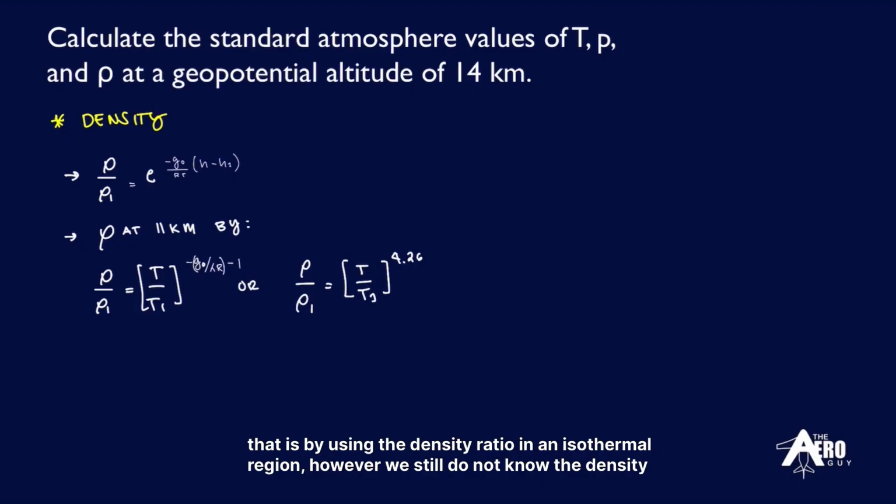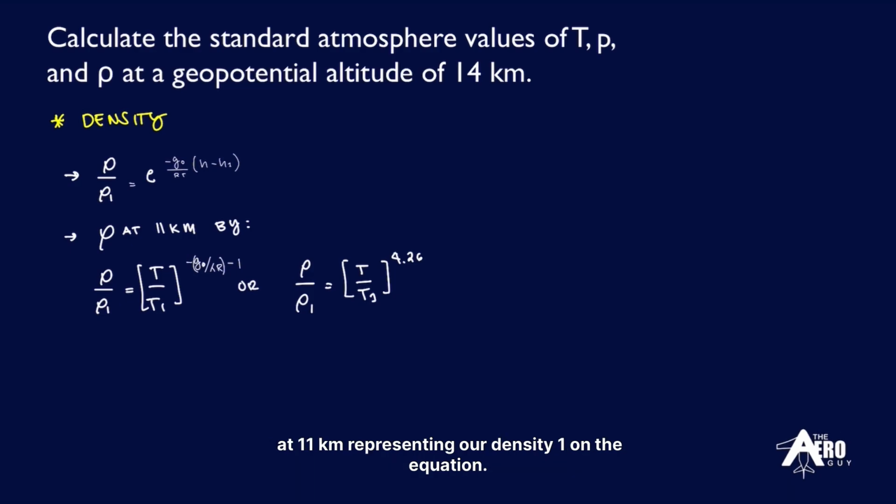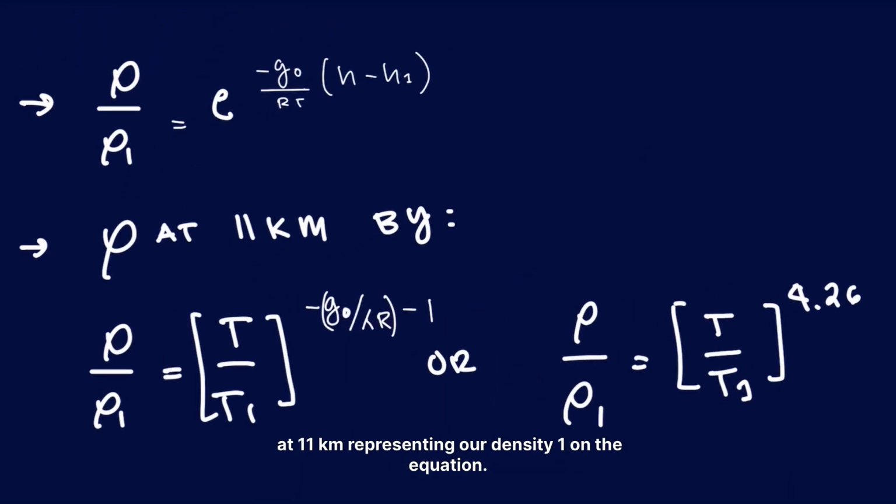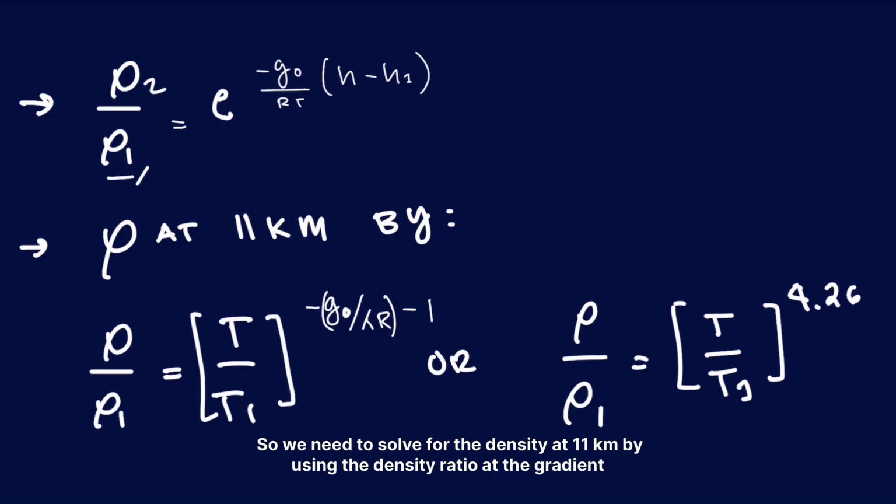And as for density, we'll use the same approach that we did earlier for pressure. That is by using the density ratio in an isothermal region. However, we still do not know the density at 11 kilometers, representing our density 1 in the equation. So we need to solve for the density at 11 kilometers by using the density ratio at the gradient region.